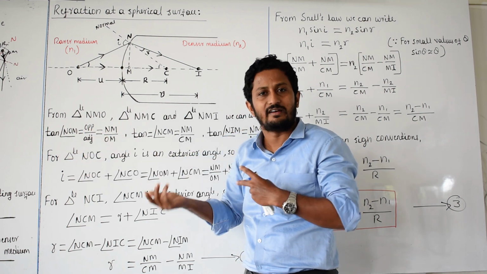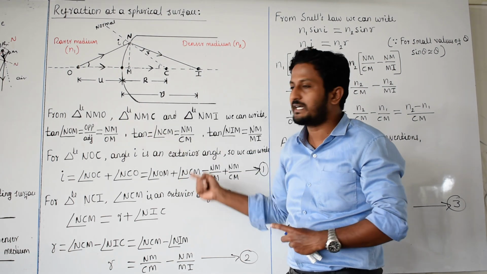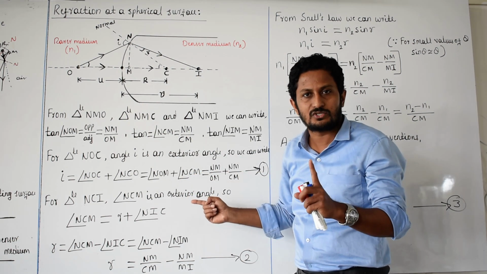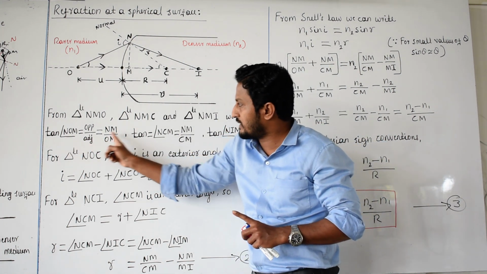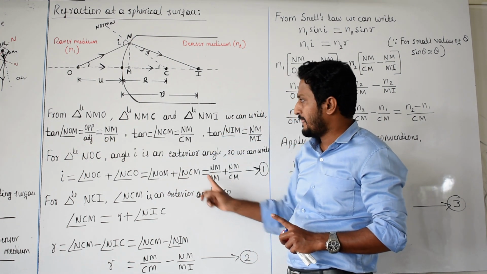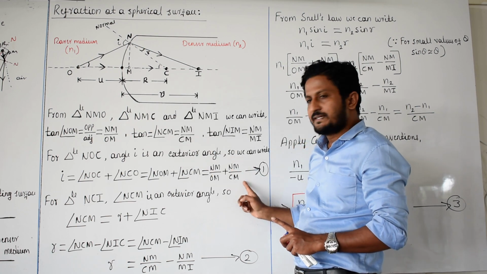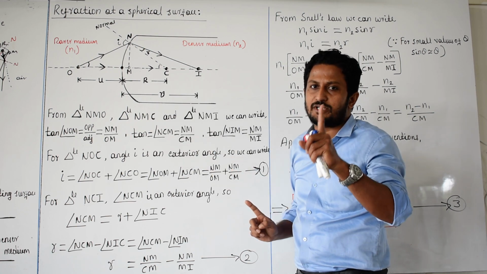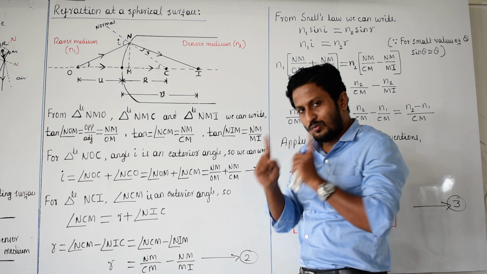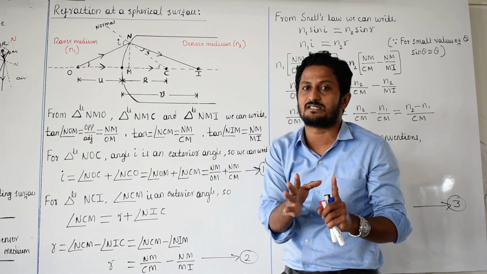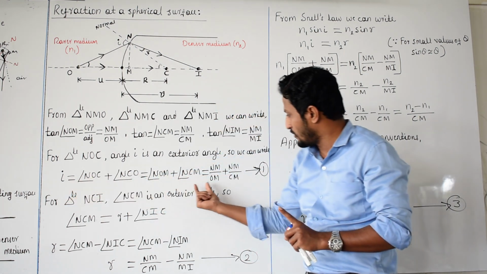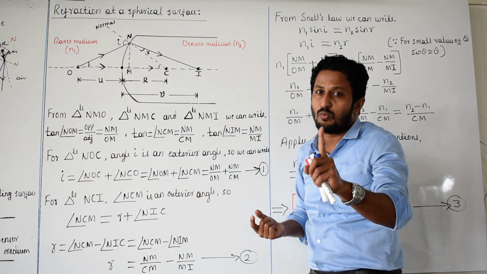Have we understood? Here NOM we treated as NM by OM, and NCM as NM by CM. Call it equation 1. Equation 1 gives the value for the angle of incidence, I.